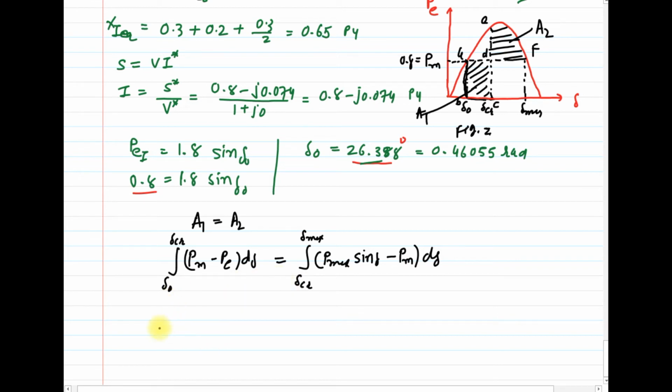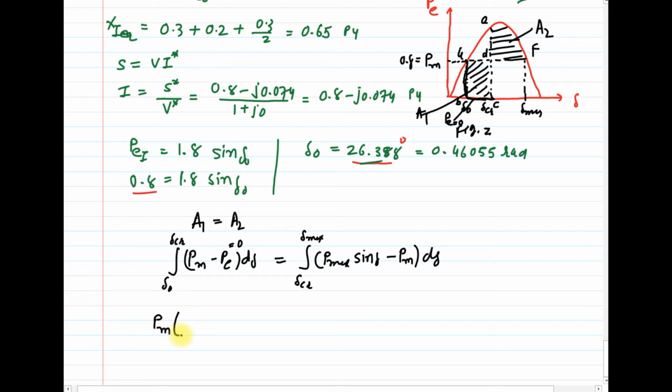So let us calculate. As PE2 will become 0 in this portion, or area A2, area A1, we will substitute only for the PM. So I can write directly, just integrate both sides of the equation.